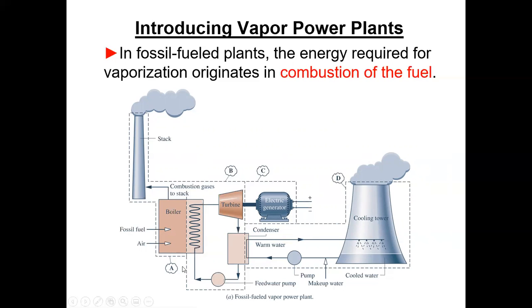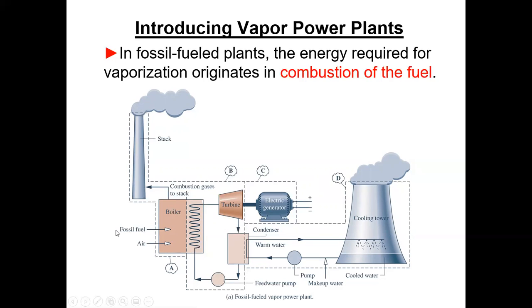And so your author divides different portions of the entire cycle and everything involved in the generation of electricity into different subsystems. And so he's showing subsystem A over here to be the boiler, and the combustion gases up to where they come out the top of the stack.